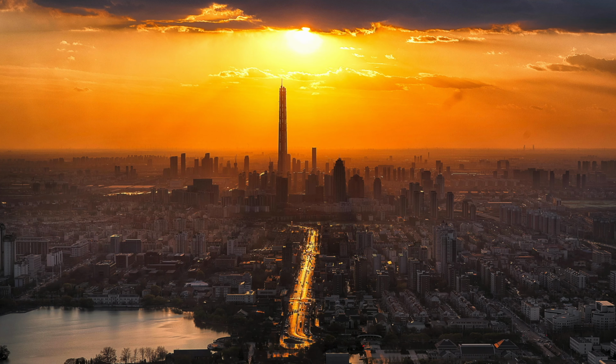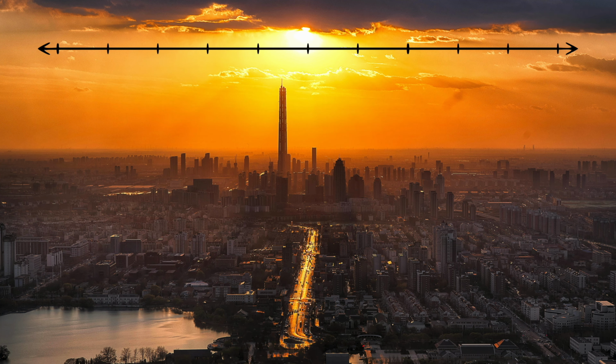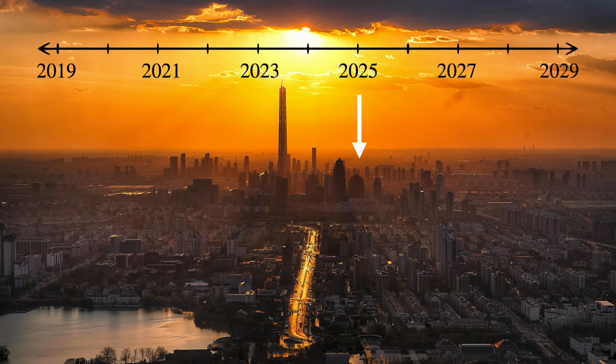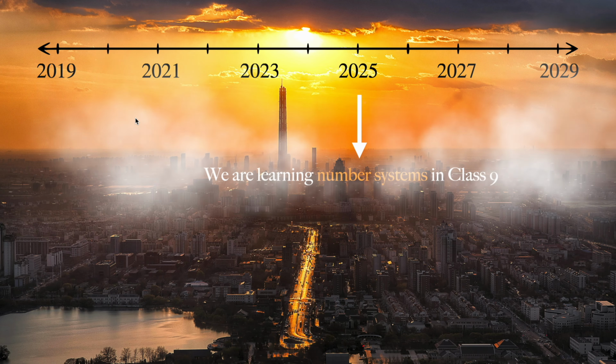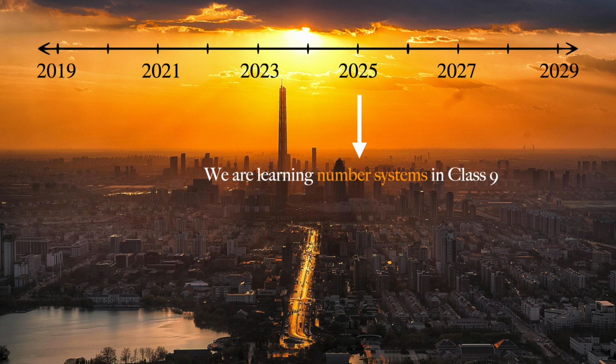You can see the skyline, and if I represent our current year on a number line, we can do something like this. So we have 2019, 2021, and we are somewhere here in 2025. And what are we doing? We are learning number systems in class 9. Okay, so you don't have much choice here. We are here to learn.